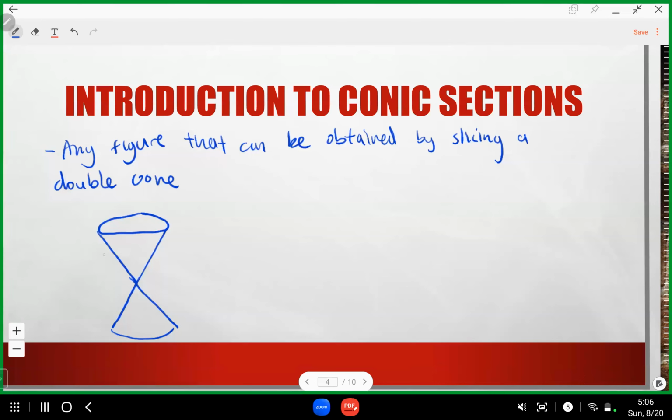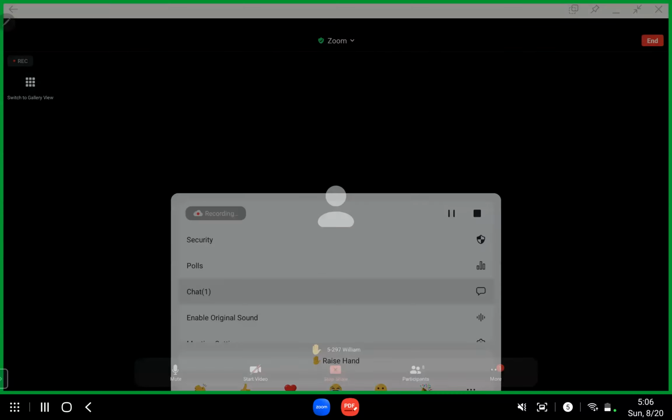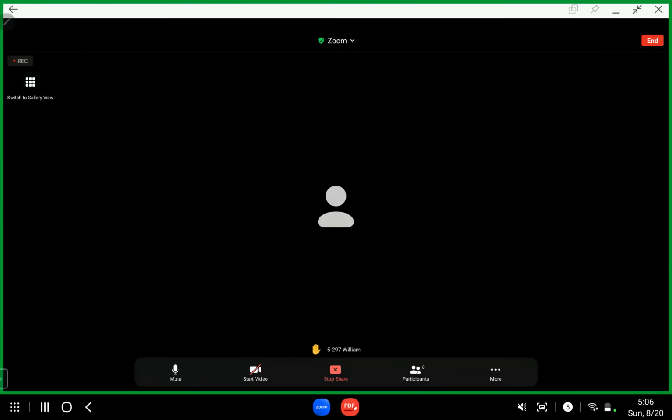So let's look at our first slice possible here. Since we can get four different figures from slicing this double cone, does anybody have any suggestions on how we should slice this in order to get a conic section? Yes, William.